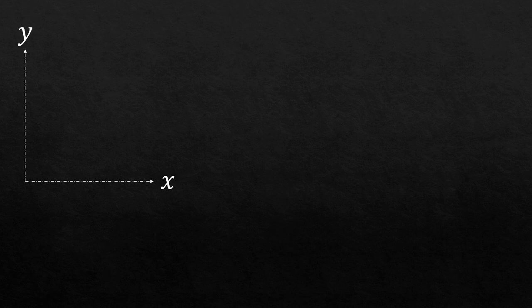So suppose we have vector A, and vector A has the following magnitude of, suppose, 5 kilometers, and it is directed 30 degrees north of east.